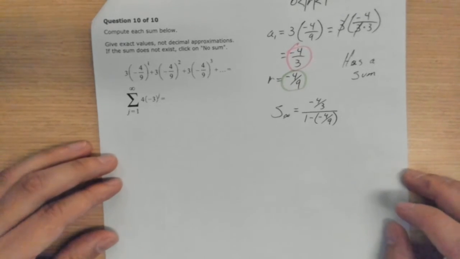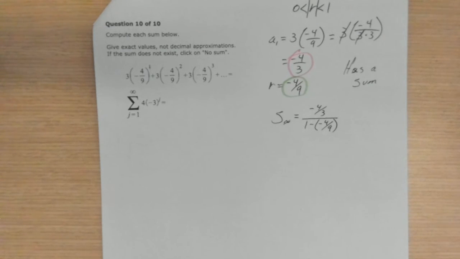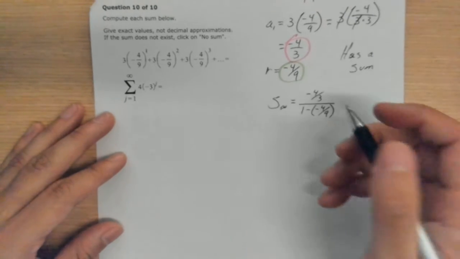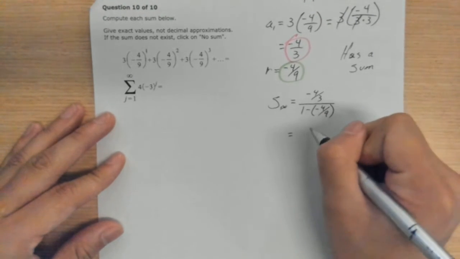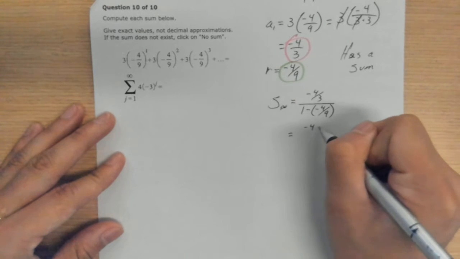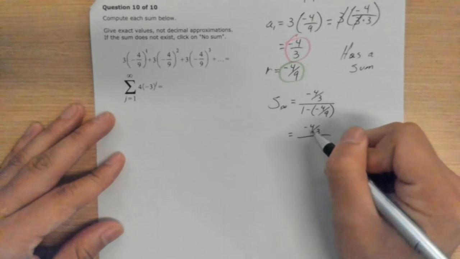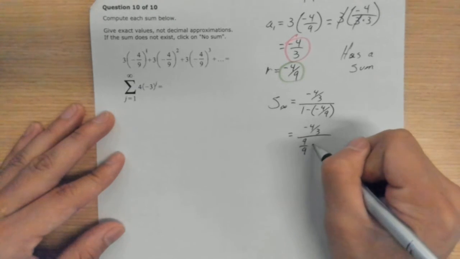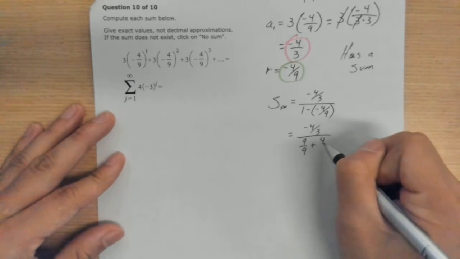So be ready for the steps, guys. I know you will see a lot of steps here, but I'm just writing all of the steps, and pretty much everything that I'm doing is 7th to 8th grade math. This is just adding and subtracting fractions. So this will become minus 4/3 over 1, which I'm going to rewrite as 9/9 plus 4/9.